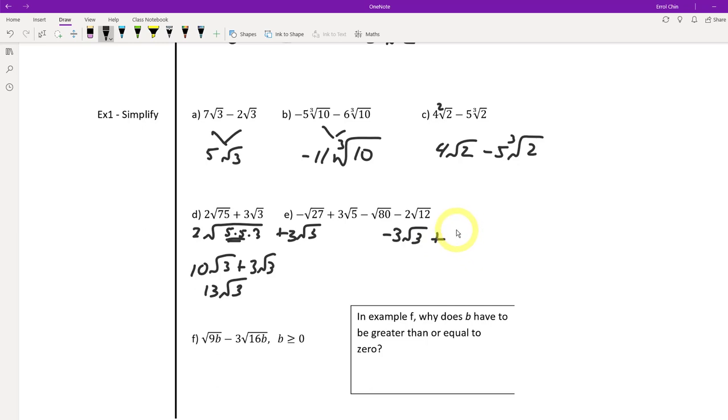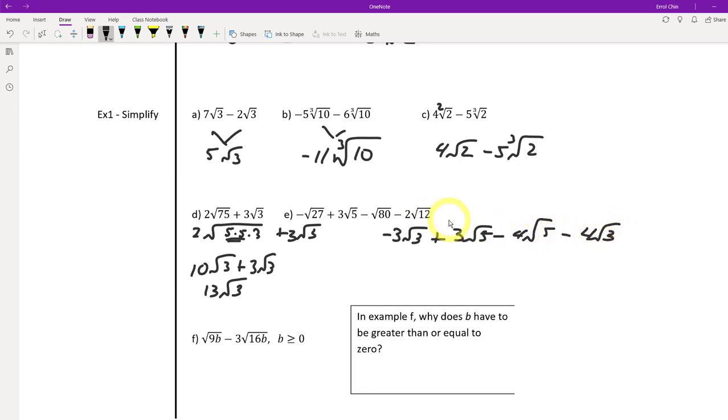You can't simplify that any further. Then minus the square root of 80, well, that's actually 2 times 2 times 2 times 2 times 5, and so that works out to 4 root 5. Minus 2 root 12. Well, 12, you can simplify that down to 2 times 2 times 3, so that becomes negative 4 root 3.